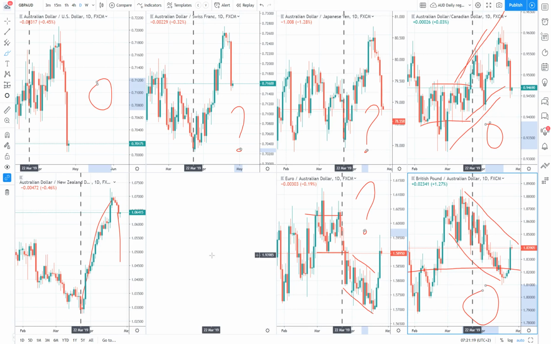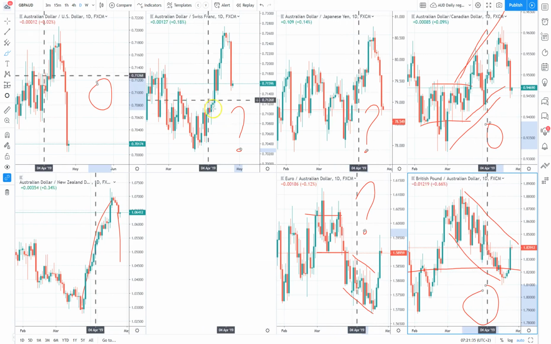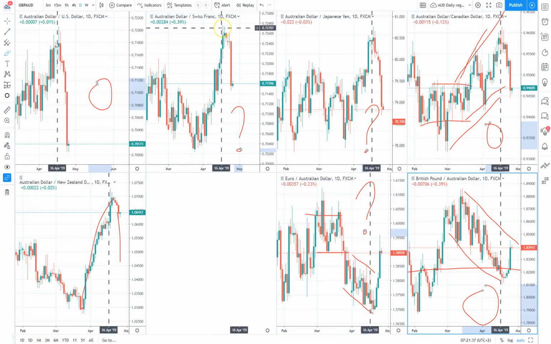So what can we do with this information in the future? I mean, when something like this happens again in the future, when we're just going over all the correlation pairs, and it seems like something has been going on in a channel or a range for too long, or something has been going up very aggressively, then at some point we know it's going to come back.